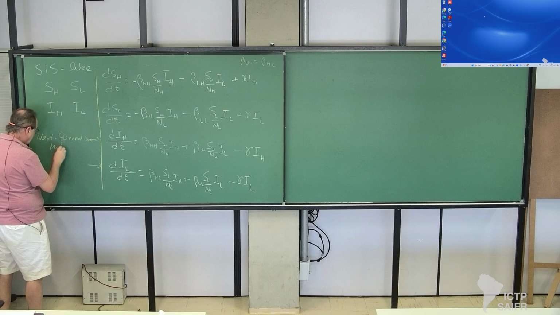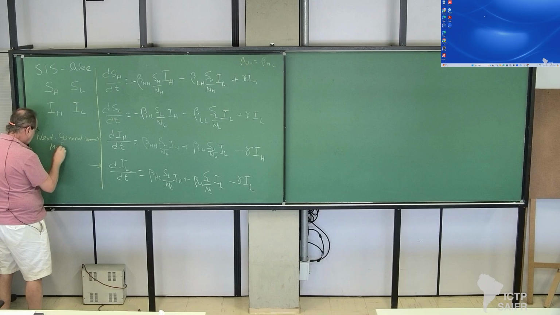Here you have some questions you can pose. If I introduce initially an infected individual in the low risk compartment, will it be different from the case where I introduce it in the high risk compartment?